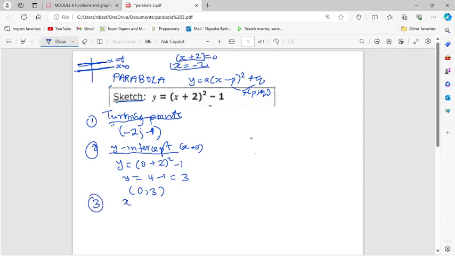In the x-intercept, we normally say this is the x cut. The x cut means we must cut the x-axis where y equals 0. So we start by saying 0 equals (x plus 2) squared minus 1.